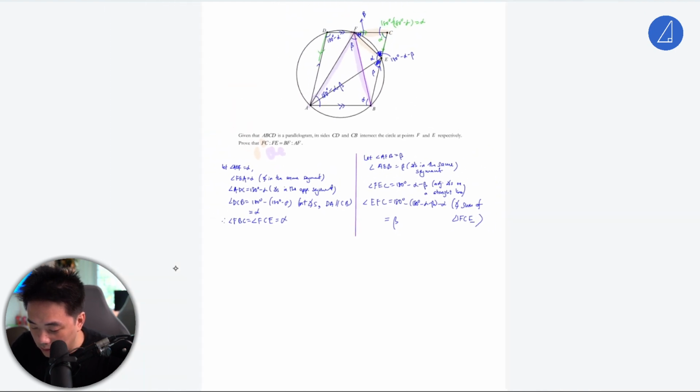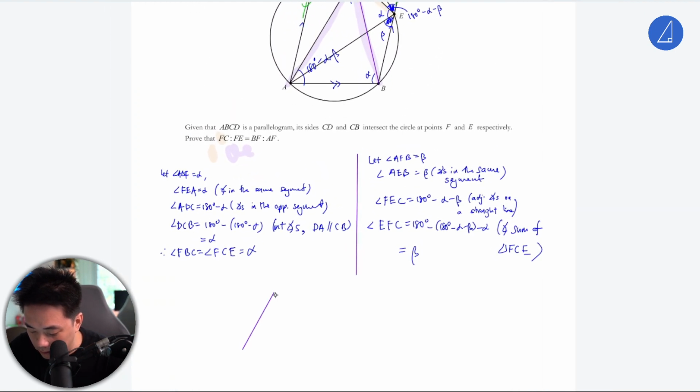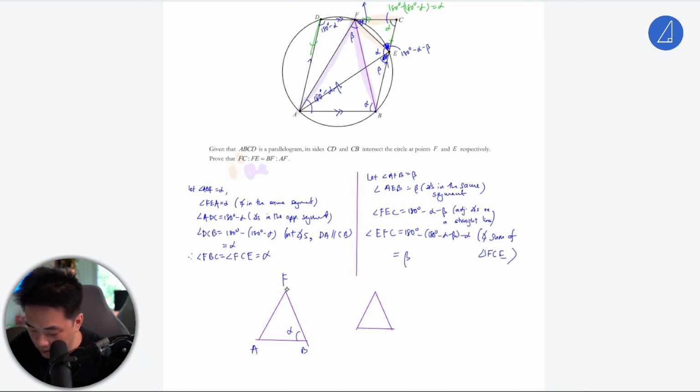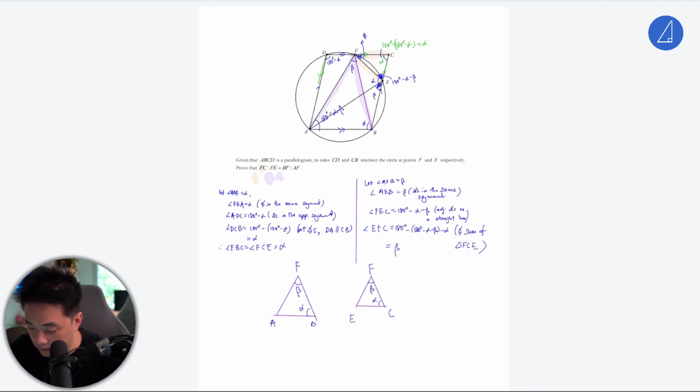Usually what I'll say is just draw it out, because if you don't draw it out you wouldn't know. So in this case, draw it out, then draw the small one out. We're looking at A, B, this is alpha, then you have F, this is beta, then you have F here as well, this is beta, then C, this is alpha, this is E.